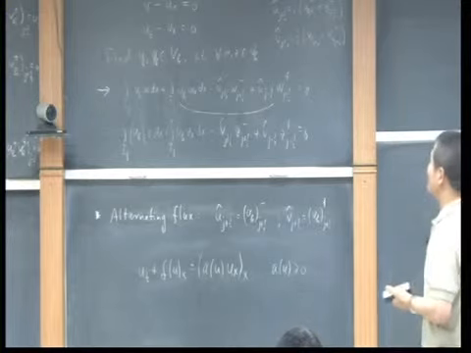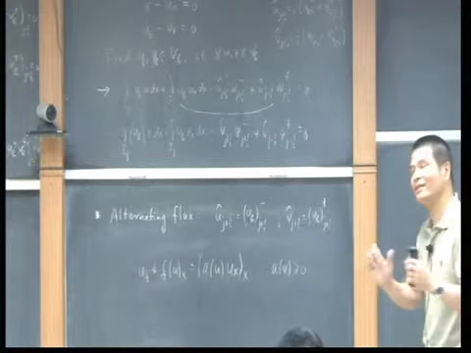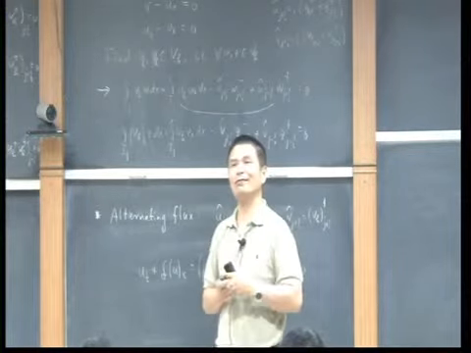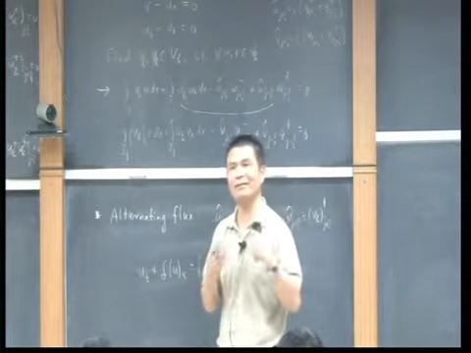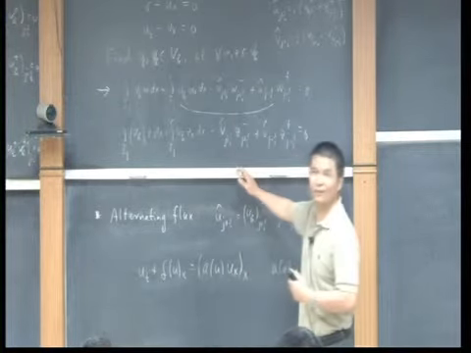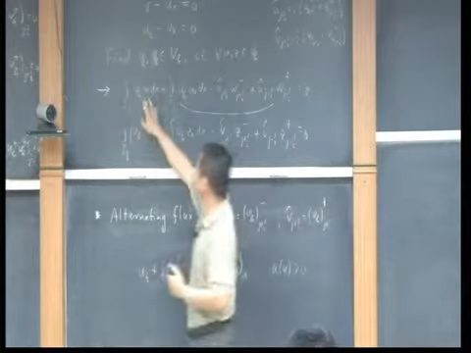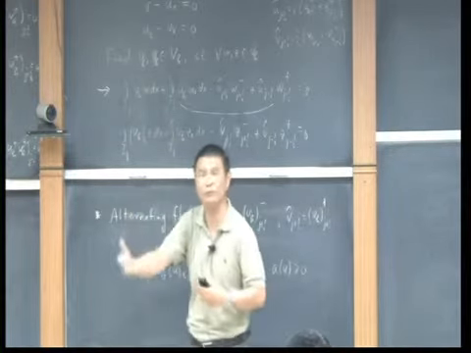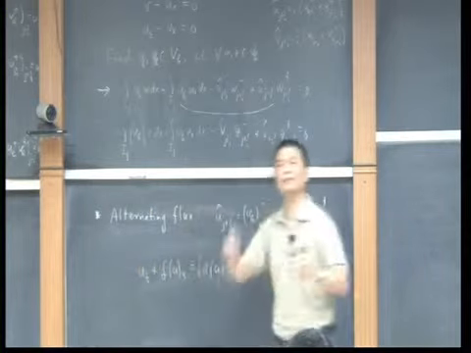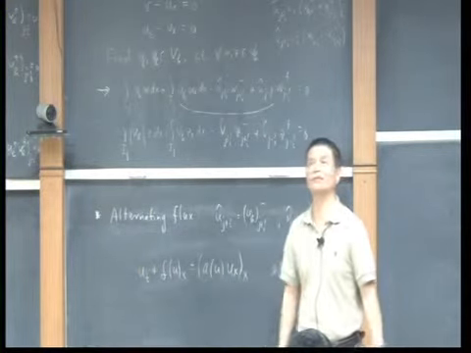If you recall what I did yesterday, the first thing I did was claiming that the exact solution of the PDE also satisfies these equalities. So if you replace UH and VH by U and V, V being UX, then this equality also holds. So let me first establish this fact.